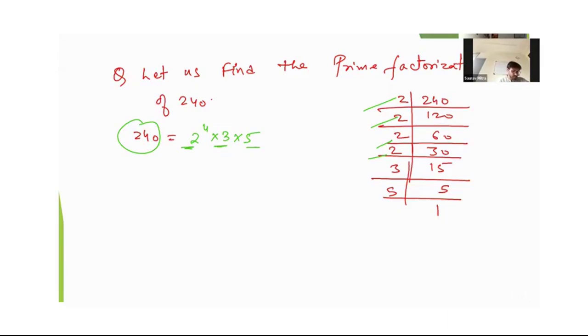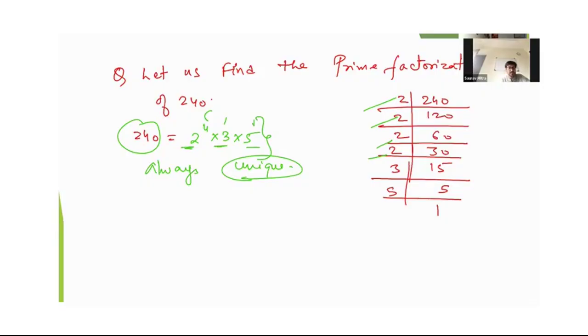This 240 can have only one possible prime factorization. This prime factorization is always unique. Unique means 2 has power 4 always, 3 to the power 1 always, and 5 to the power 1 always.